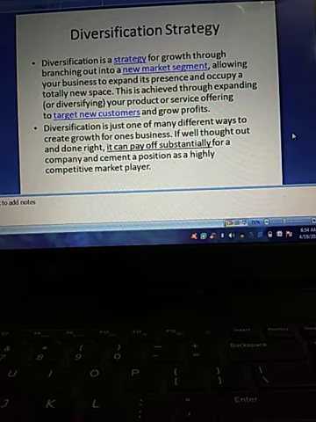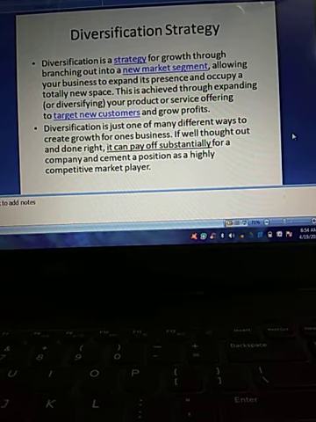If the diversification strategy is applied effectively, the company is going to have a strong position, cementing its position in the industry. Hence, diversification strategies are very effective strategies.